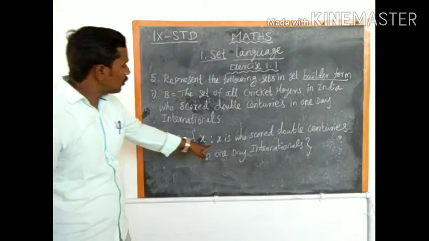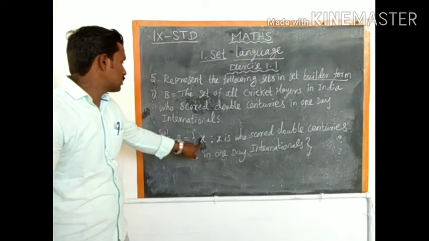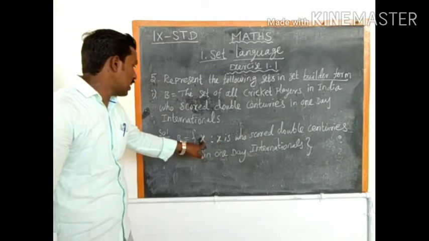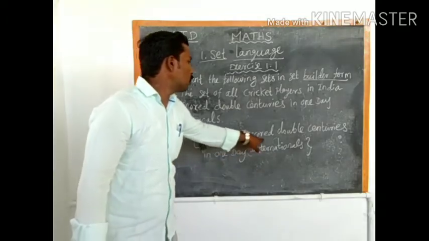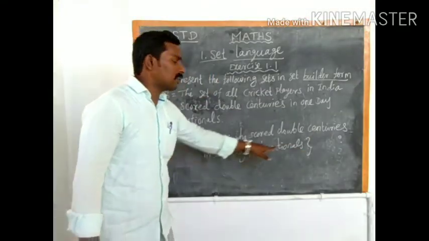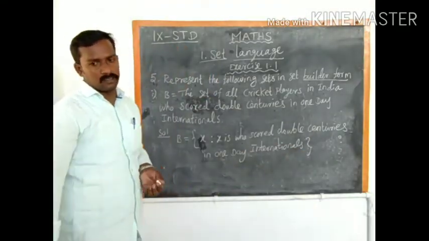So now I convert it by one rule. B is equal to the set of all x, the x's who scored double centuries in one-day internationals. This is your answer.